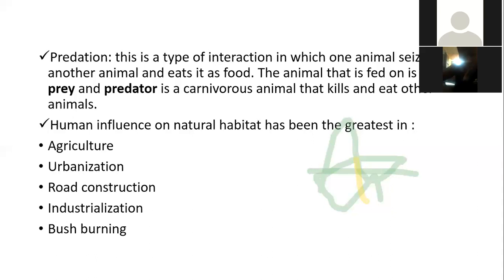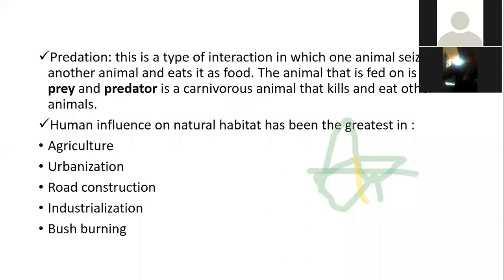So let me use an example: during Christmas, Easter, or the Salah celebrations, you go and capture a goat or a cow, you kill it and eat it for food. At that point, you are a predator.